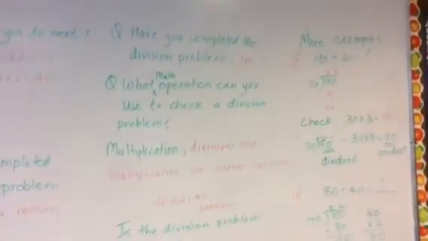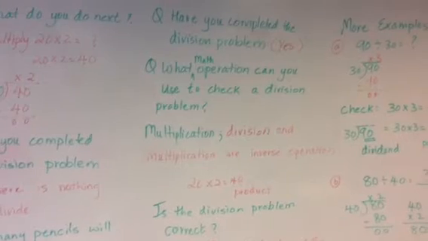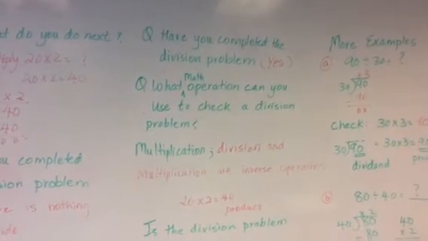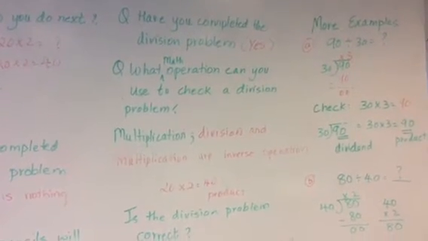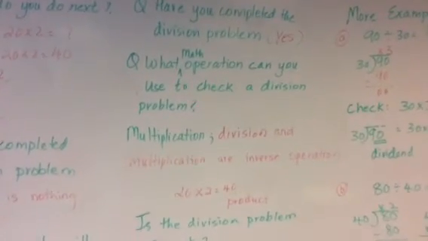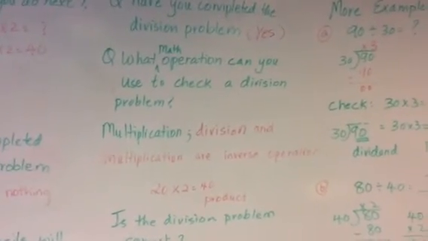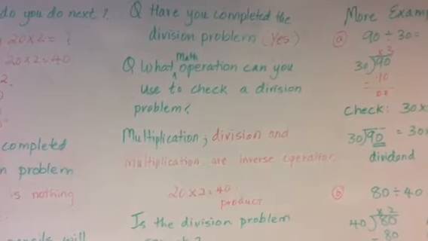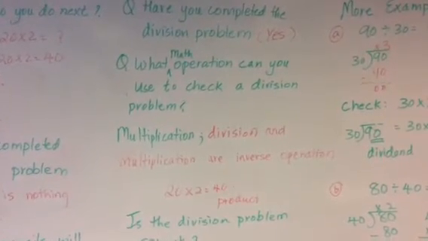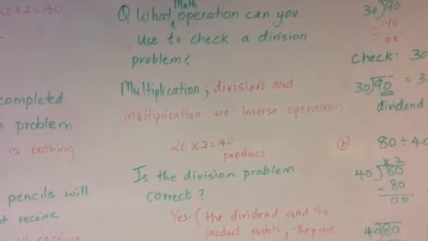Now, have you completed the division problem? Yes. What operation can you use to check if the division problem is correct? Division and multiplication are inverse operations. 20 times 2 is 40. So is the division problem correct? Yes.